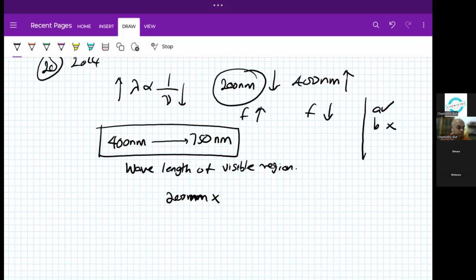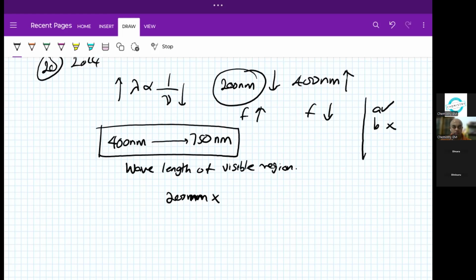Third one. In a vacuum, it has a higher velocity than radiation of wavelength 400 nanometers. Even though this is also a direct theory, in a vacuum any electromagnetic wave with any frequency has a constant velocity.